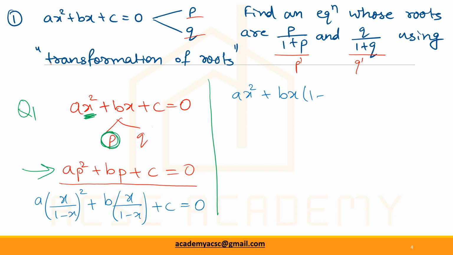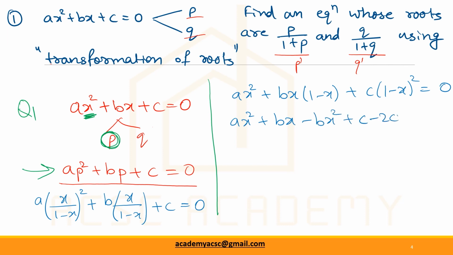So that will give me this plus c times 1 minus x the whole squared equal to 0. Now you are definitely pro at doing such small simplifications. There's no need to explain. Then this will become ax squared plus bx minus bx squared plus c minus 2cx plus cx squared equal to 0.